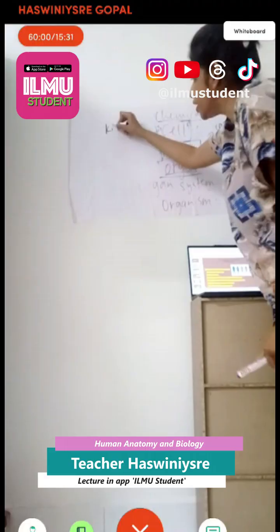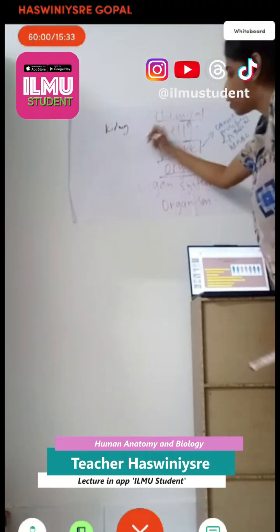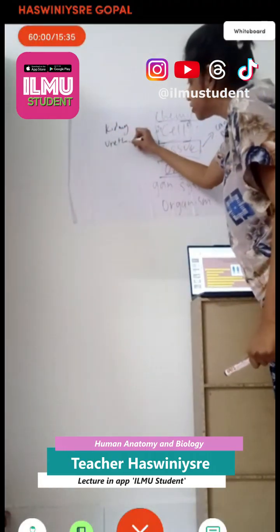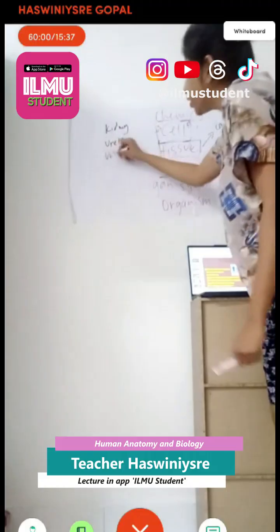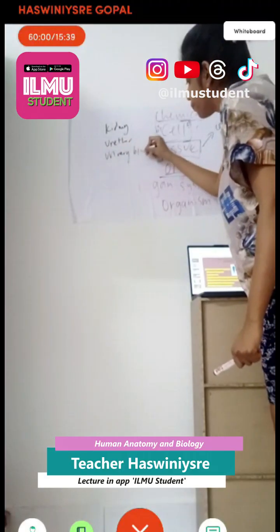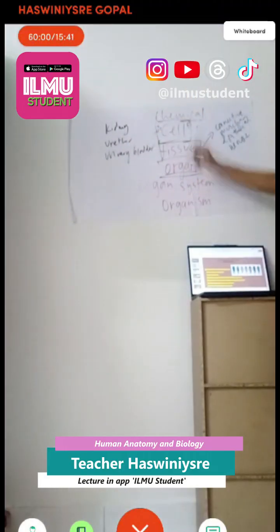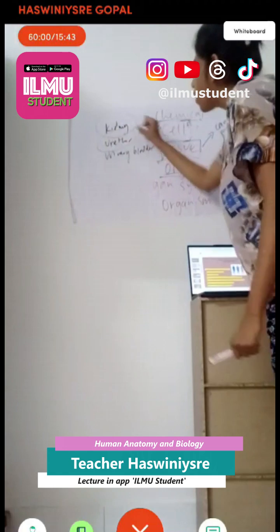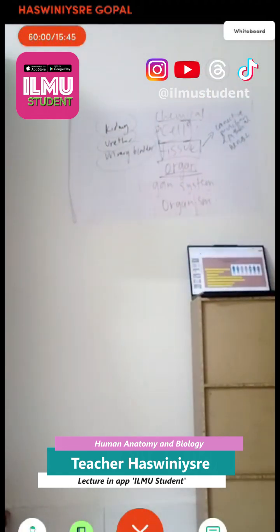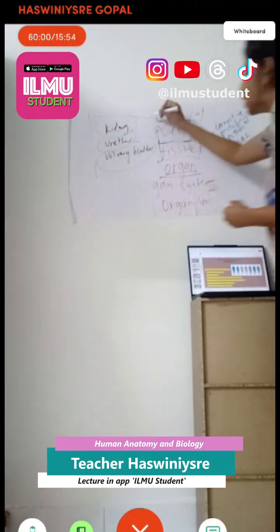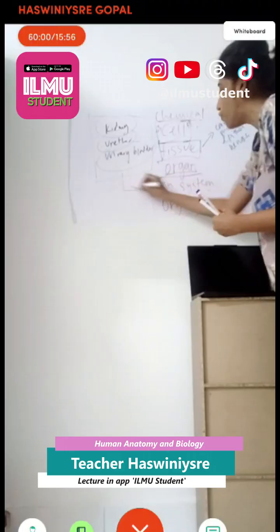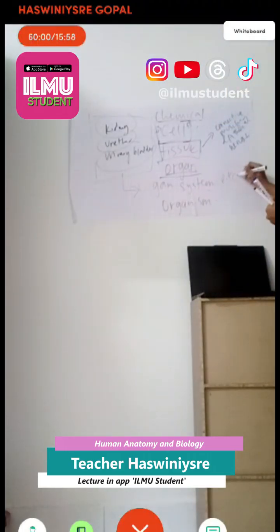So kidney, okay, urethra, okay, urinary bladder are all individual organs. Okay, these three are the individual organs, and these three work as a whole system of excretion.